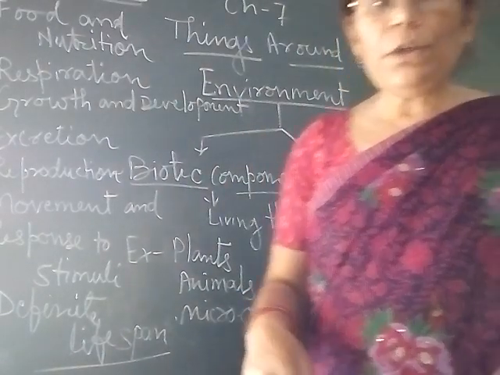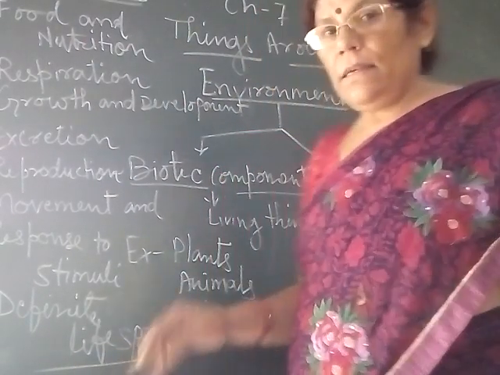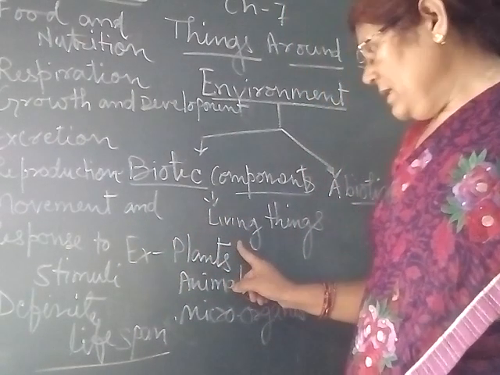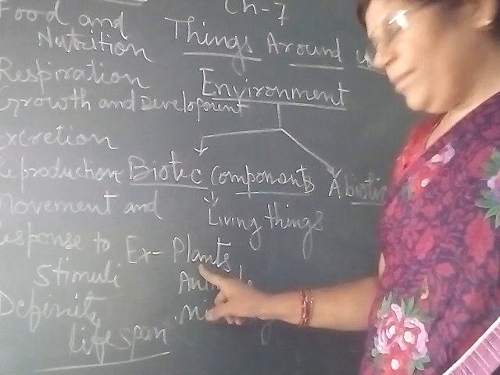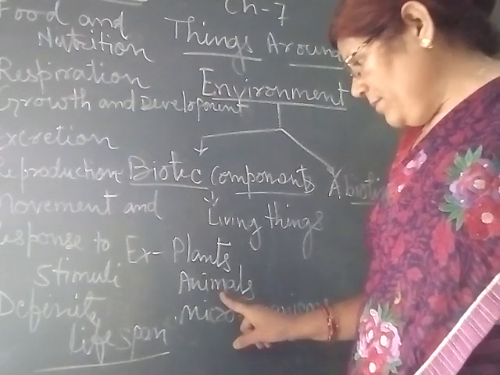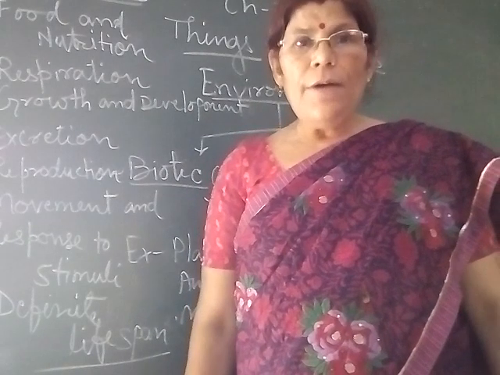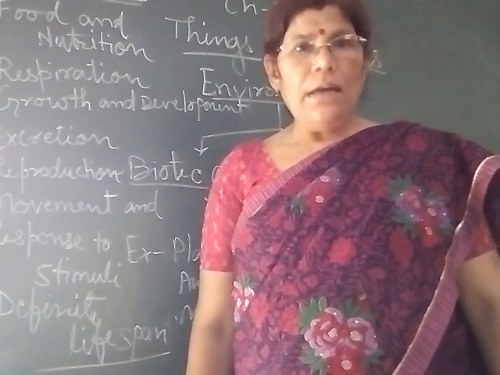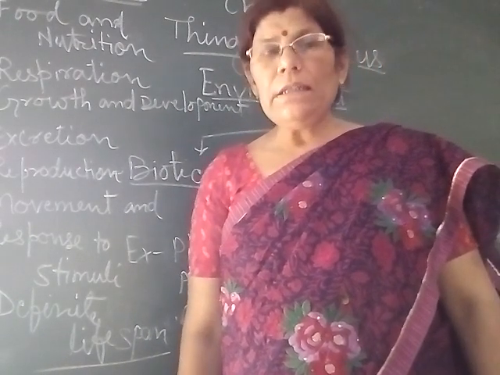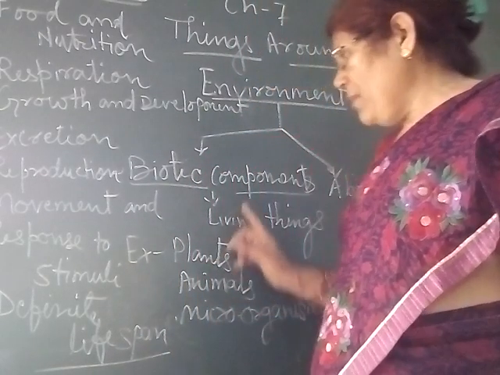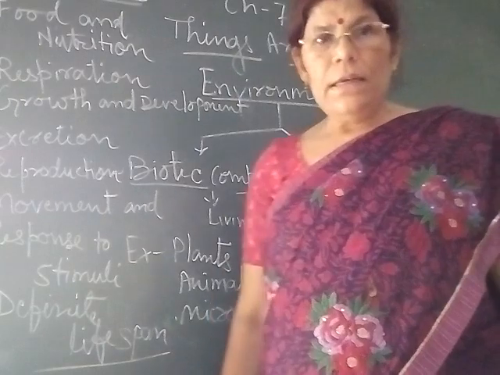Now I am going to give you some examples. Biotic components or living things, for example plants, animals, microorganisms, bacteria, fungi, algae, all these are living things. They come in biotic components.